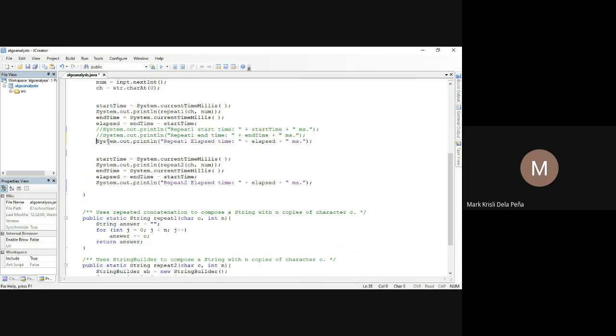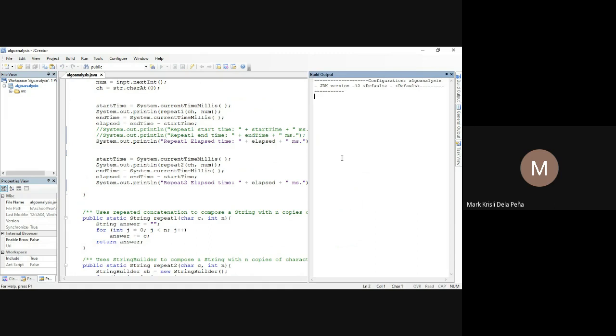I have not commented the end time; I commented the elapsed time on the first one, so we'll just have to rerun it. Okay, C and 200 times.